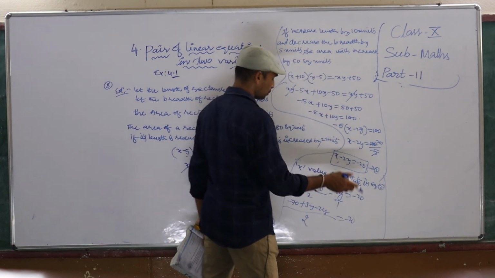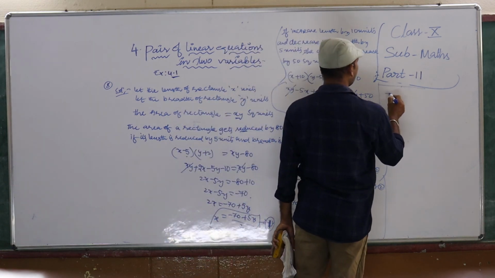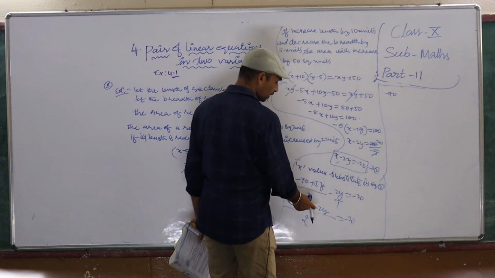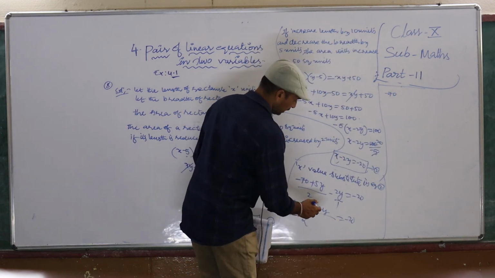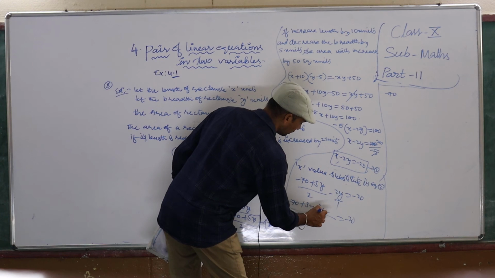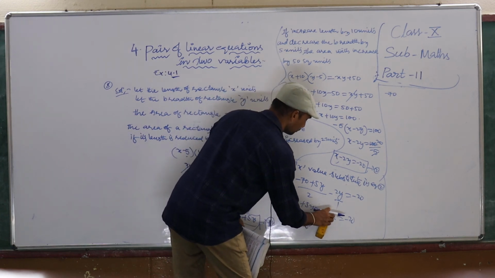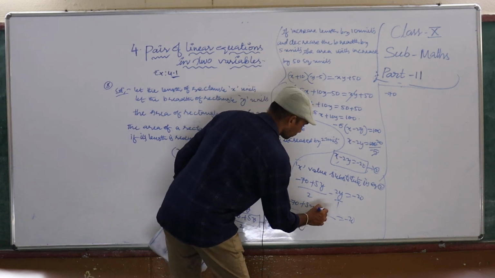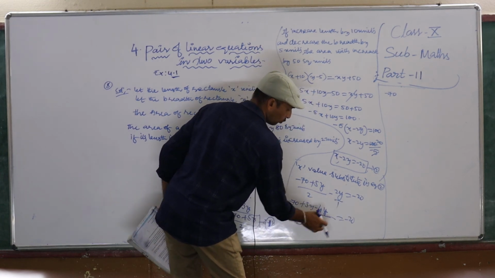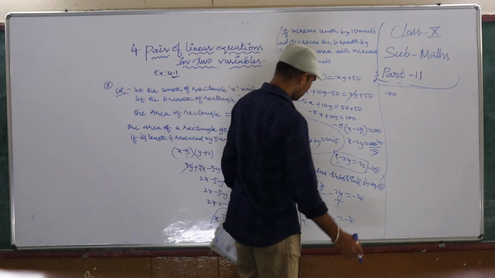Then these two transpose, minus 70, 5y minus 4y children, because 2 2s are 4, no, right?